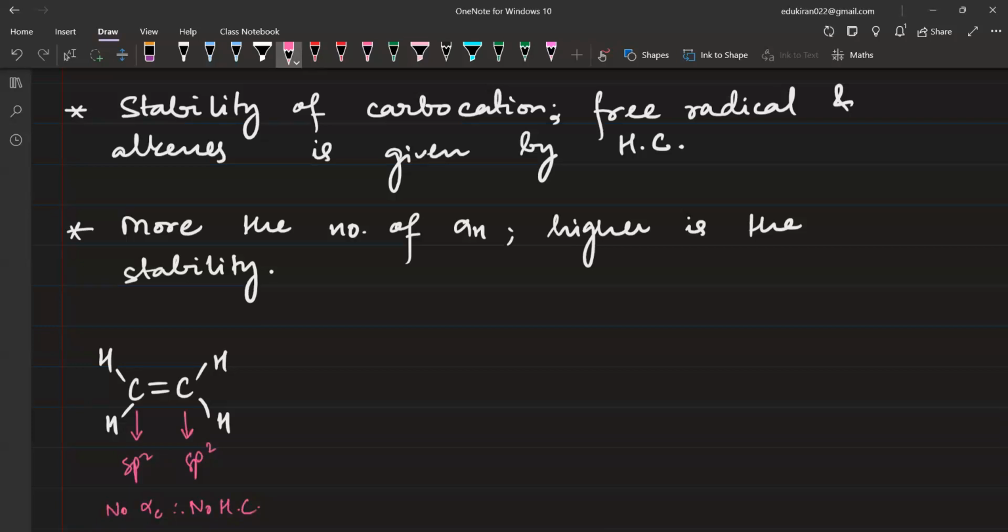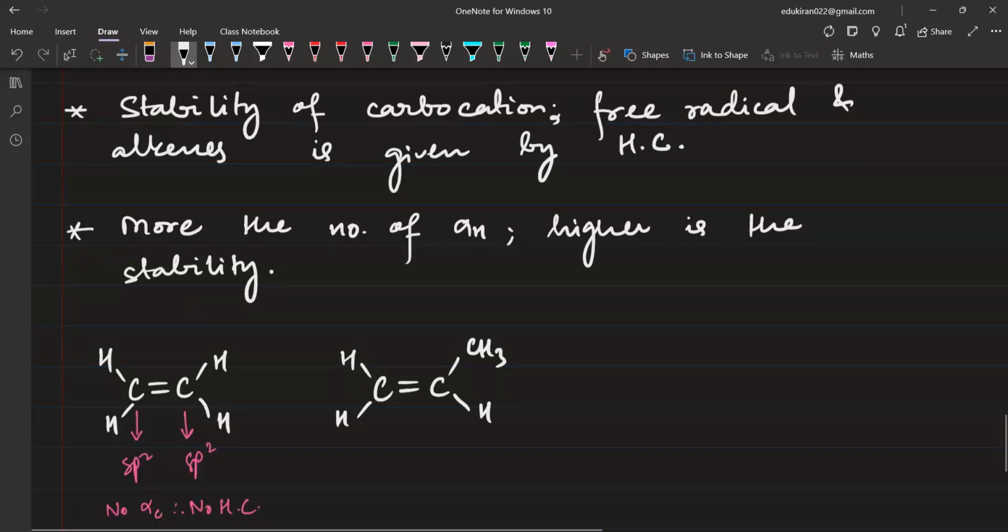And for example, if you have C double bond C, and you have one CH3 group somewhere here, and the others are hydrogen, then both the double bonded carbon atoms are sp2, and there is one alpha carbon.